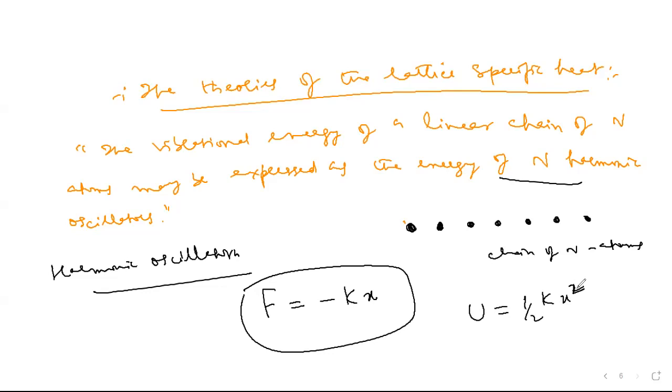So it will be parabolic when you plot it with respect to position of the oscillator, right? It is proportional to square of the displacement. Force is proportional to displacement, but potential energy is proportional to square of the displacement. So coming back to main thing, that vibrational energy of a linear chain of n atoms may be expressed as the energy of n harmonic oscillators.